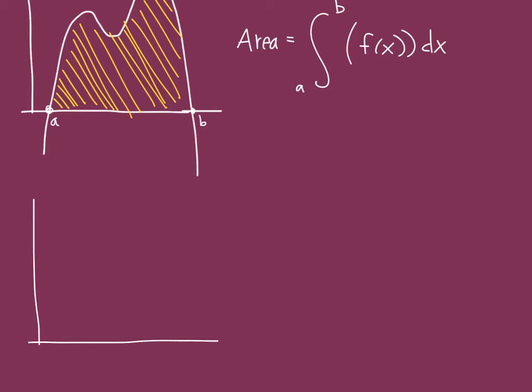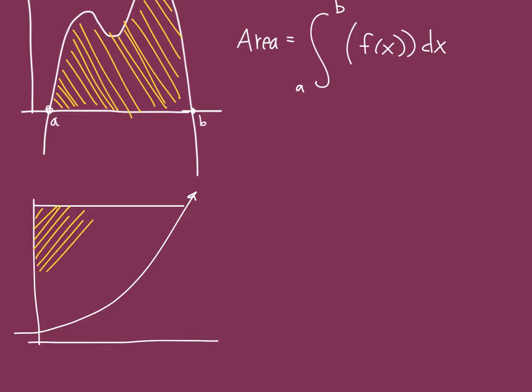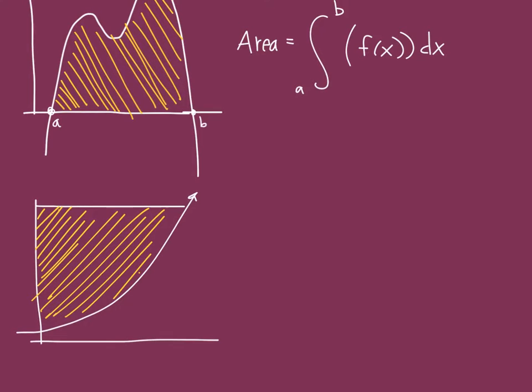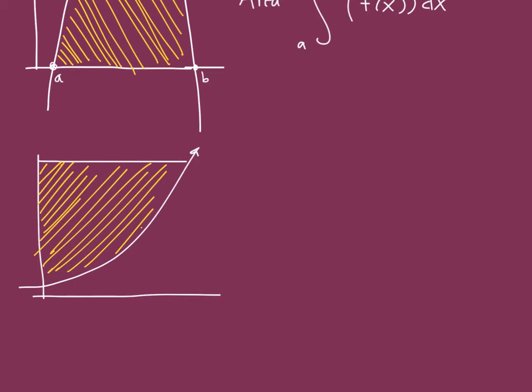That means we could also take different functions. Let's take something that looks like this. If we wanted to find the area that was bounded on the y-axis, we'd have a horizontal line that went straight across. We could write an integral expressing that, except we would need to be in y terms.